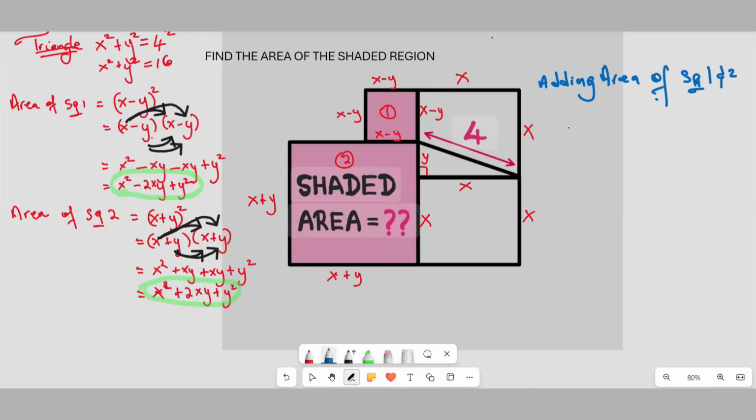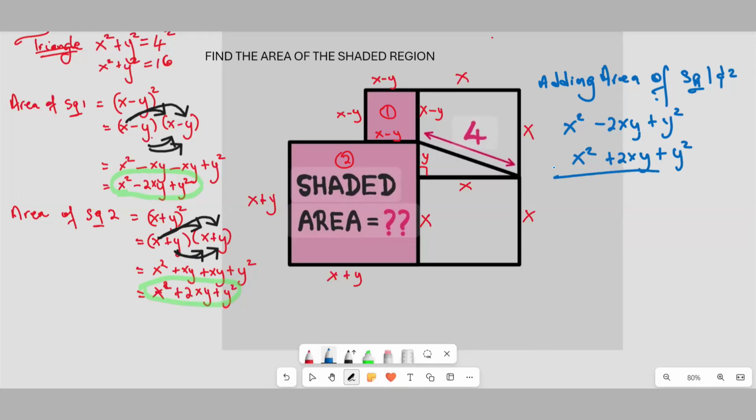We have x squared minus 2xy plus y squared, and we're adding that to x squared plus 2xy plus y squared.